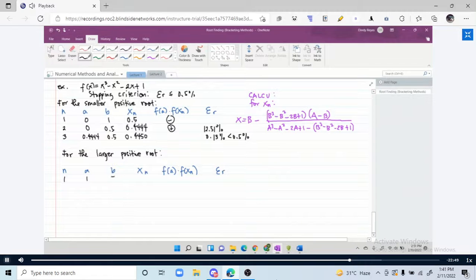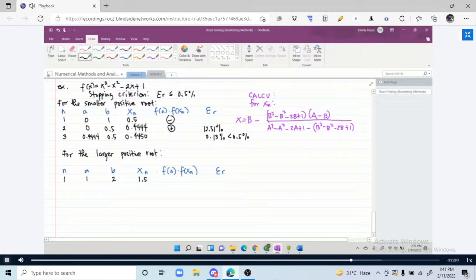So, in the first iteration, A is 1, B is 2. This is still 1.5. Okay? Here, you can check. You can solve for X. Okay? When A is 1 and B is 2. Here.